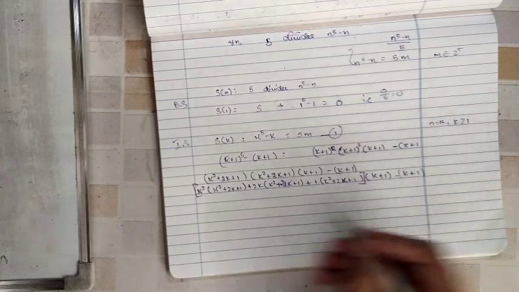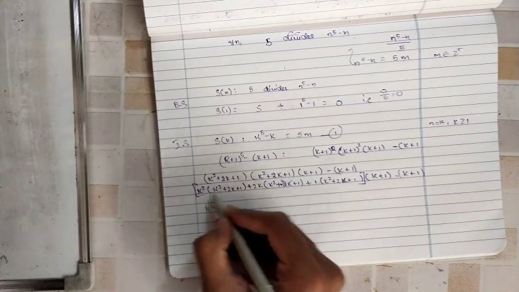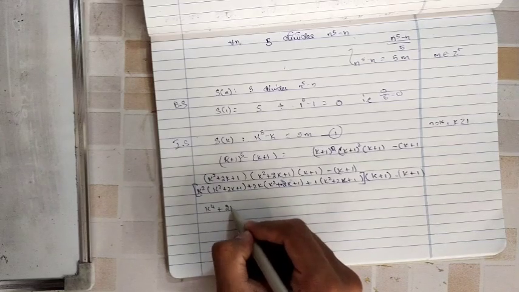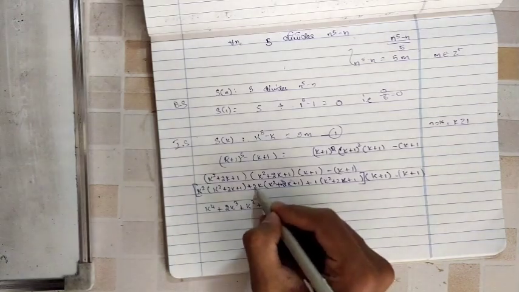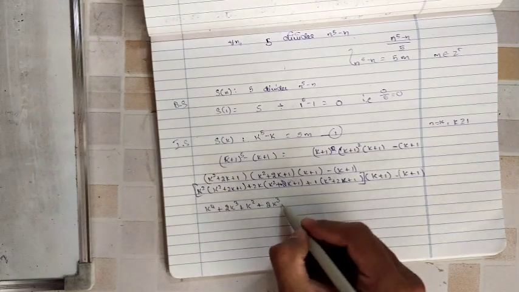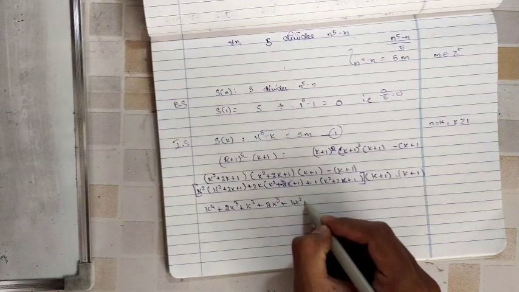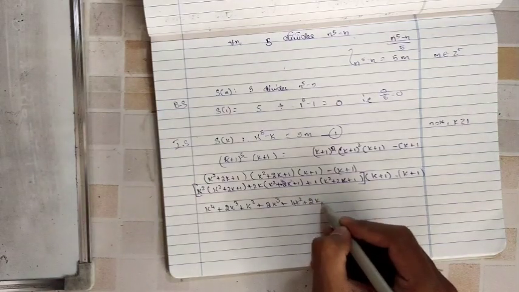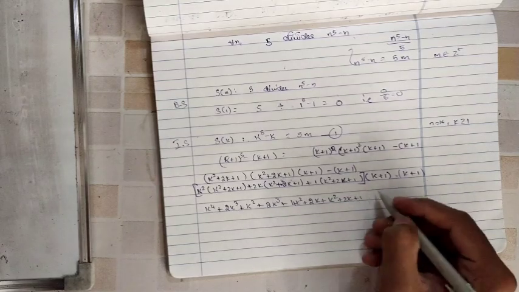Now let me multiply. k square into k square is k power 4, plus 2k into k square is 2k cube, plus k square, plus 2k into k square, 2k cube, plus 2k into 2k, 4k square, plus 2k into 1 is 2k, plus 1 into (k square plus 2k plus 1).